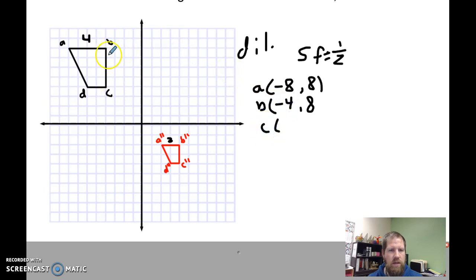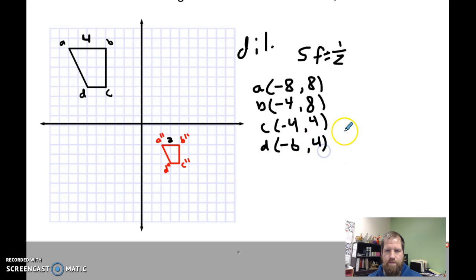C is on the same x value as B, so it's got to be -4, and it's going to be 1, 2, 3, +4. And my last one, D, this one was at -4, so -6. And it's the same height, so -6, 4. So there's my coordinates.